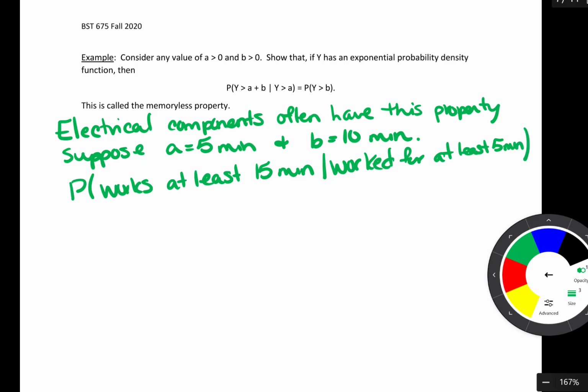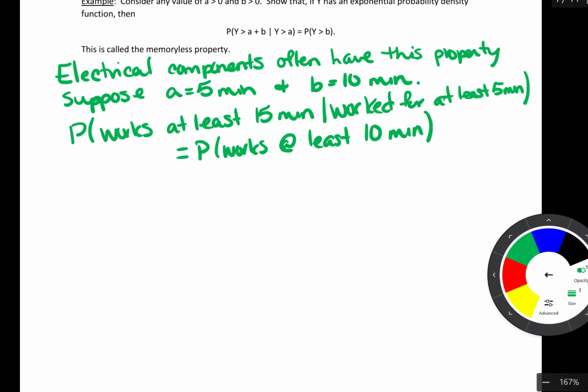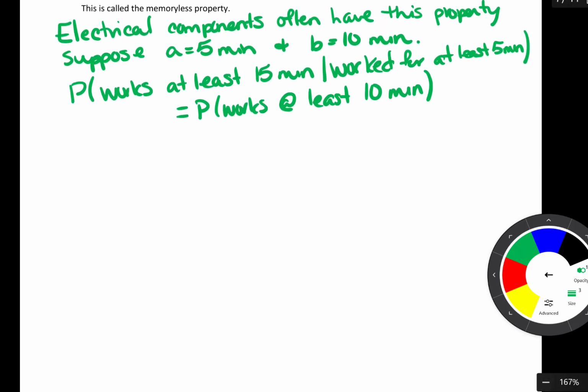And it ends up, this is just equal to the probability that it works at least 10 minutes. So it ends up that electrical components like fuses work this way, but a person's lifespan does not work this way. All right, so let's actually show why this is true.